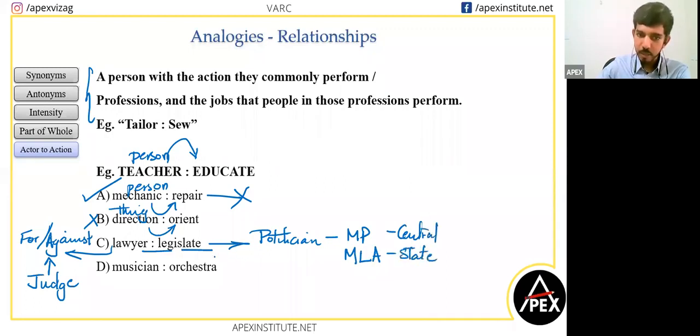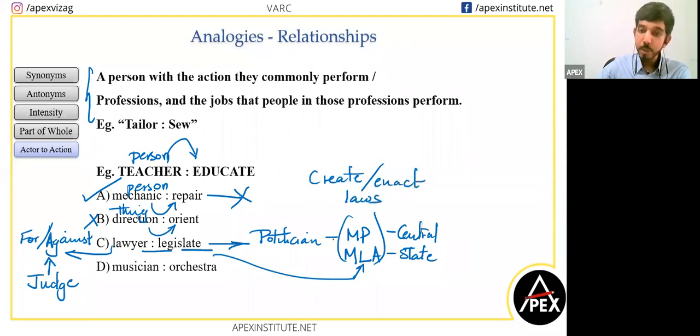And the name is there in the function as well. Member of legislative assembly. So what do these guys do? They create or they enact laws. They make new laws. And that is called legislate. So politicians or elected members or members of parliament, they legislate, not lawyers.